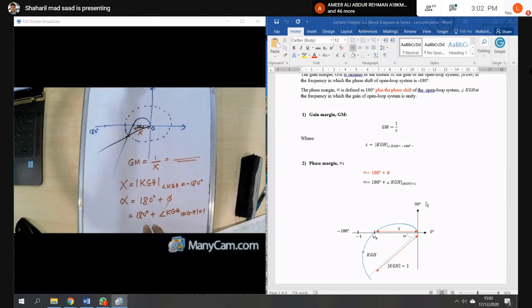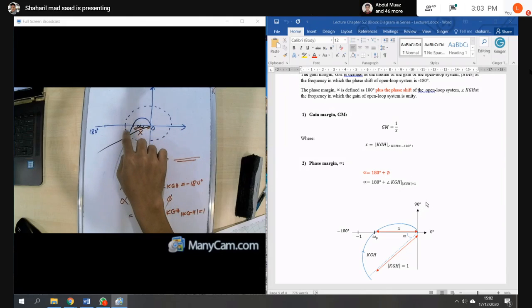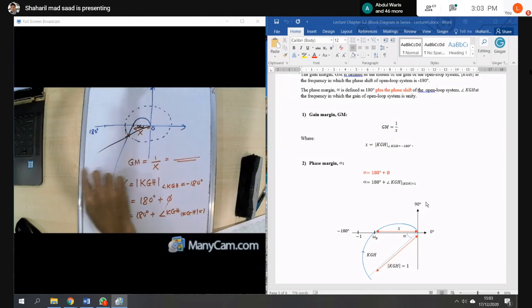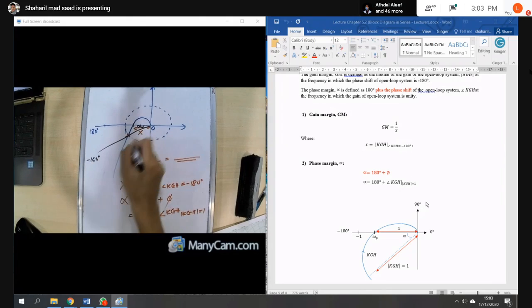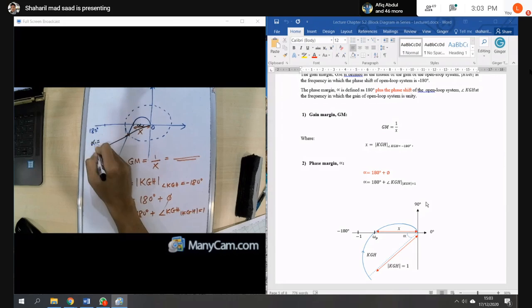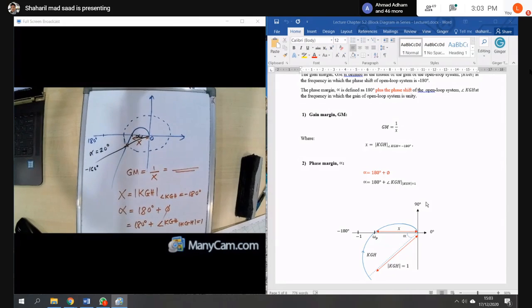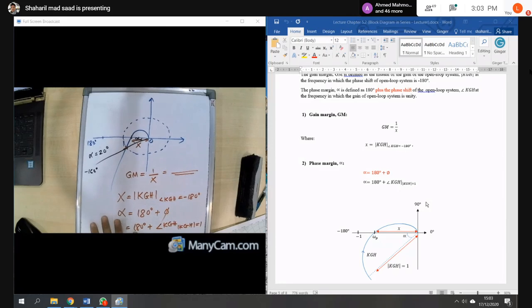The phase shift from the graph you get when you draw a circle of 1 here and cross it. This gives you a value, for example 160, so your alpha is 180 minus 160, which is 20 degrees. This is in terms of theory.